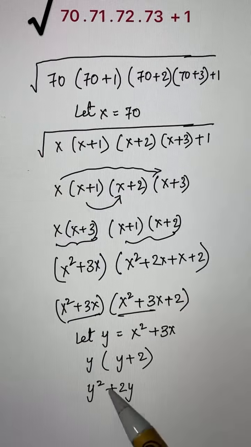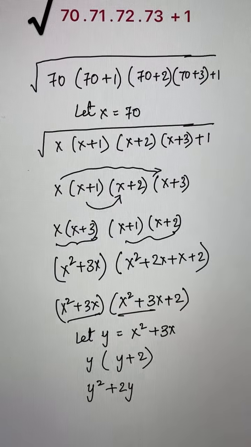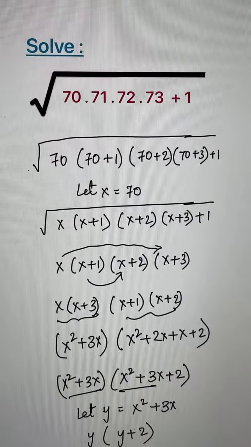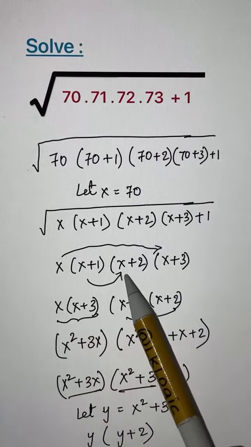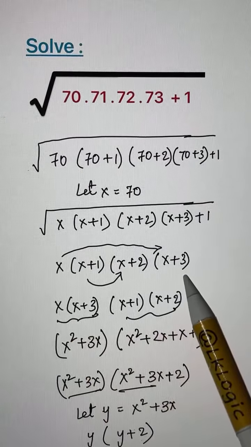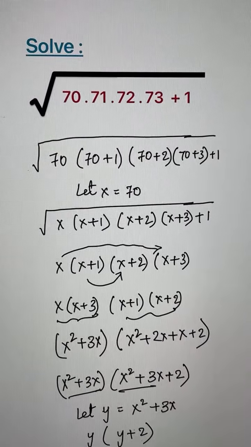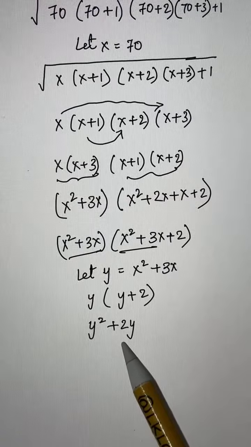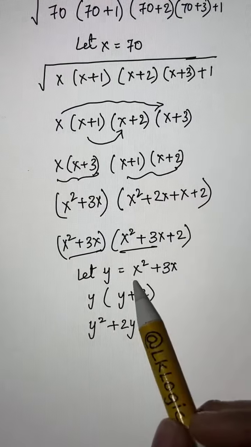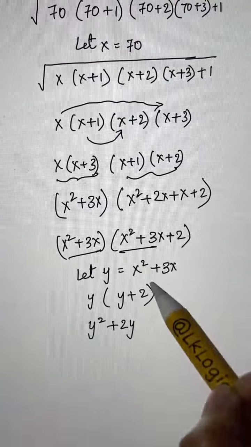So this y squared plus 2y is also equal to x times x plus 1 times x plus 2 times x plus 3, because you got the solution after you solved all this, right?